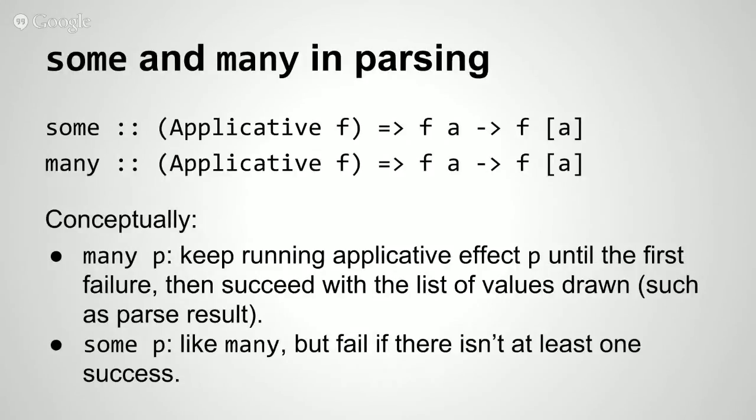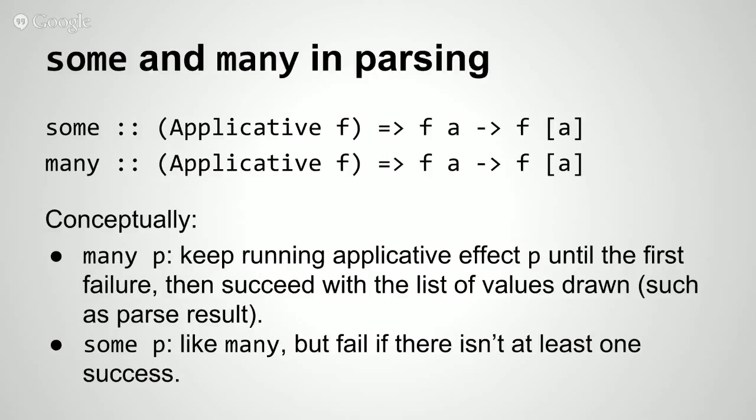And some and many are not especially useful in alternatives like list or Maybe, but they're very useful in parsers because you continually run an applicative effect until it fails, with the assumption being that it will at some point fail. And so many P will run that applicative effect until the first failure and succeed with the list of values drawn.